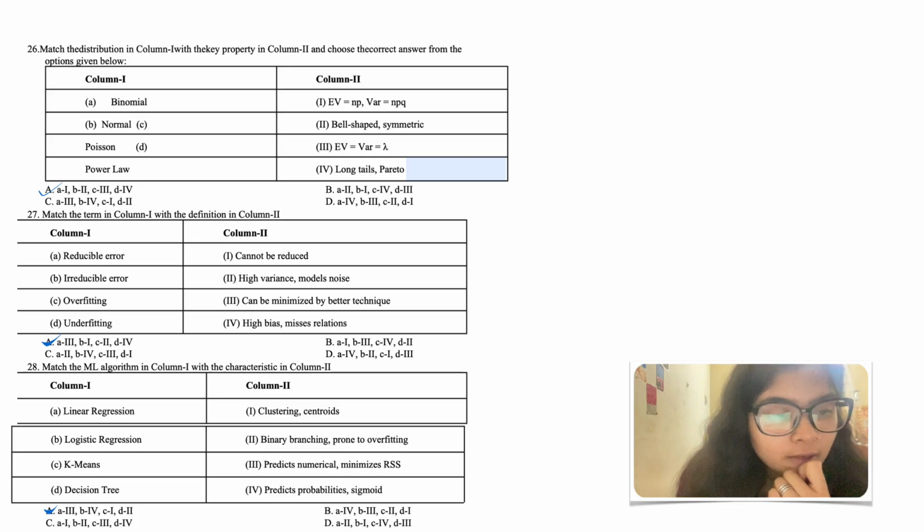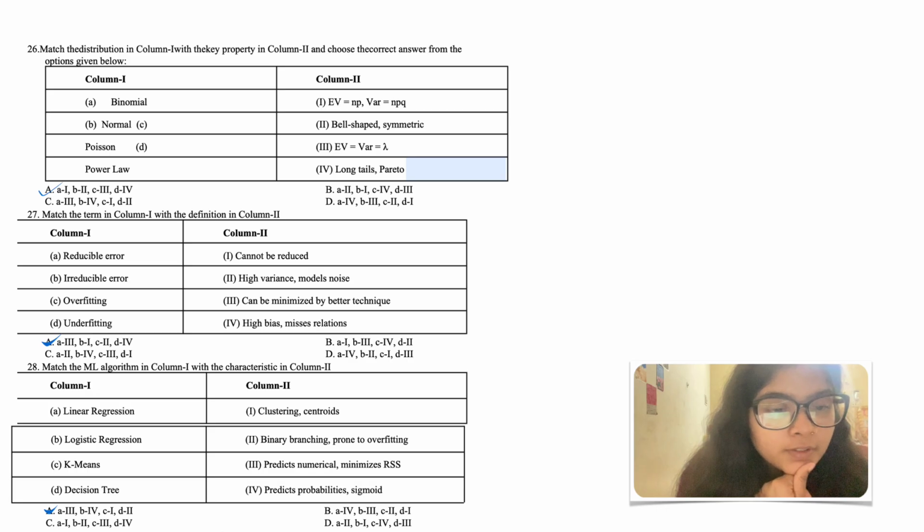So for B the answer is 2, for A the answer is 1, which is expected value equal to NP and variance equal to NPQ, where P is the probability of an event happening and Q is of not happening, which is 1 minus P. N is the number of trials.